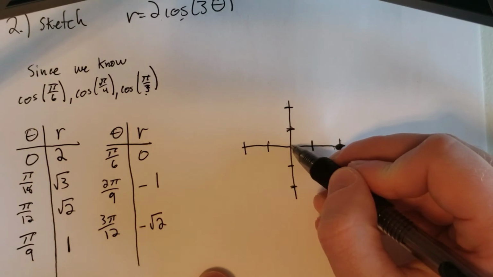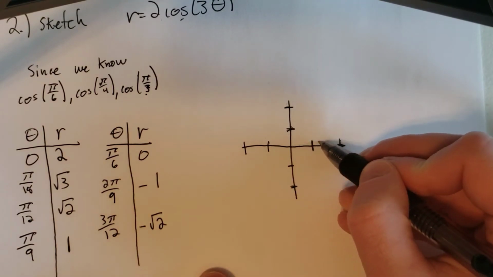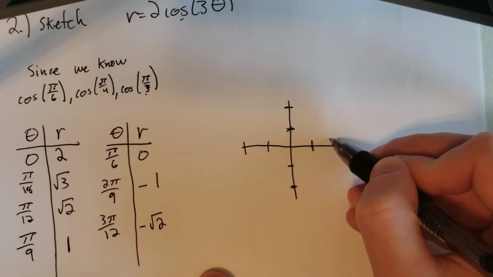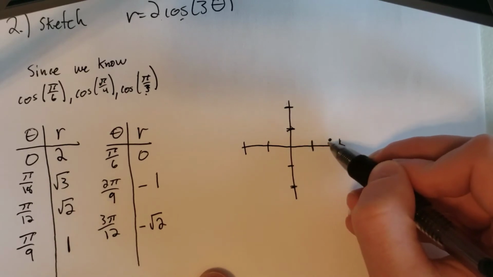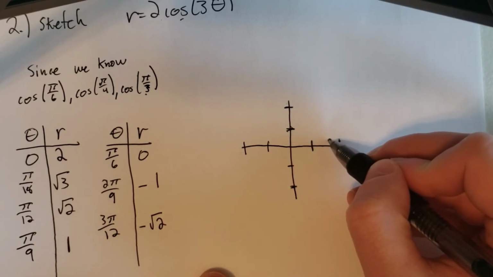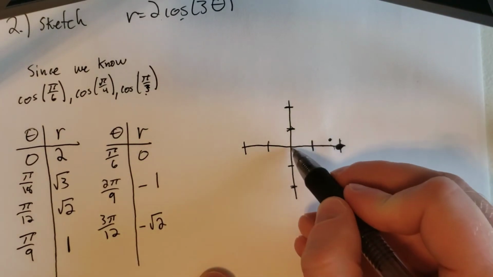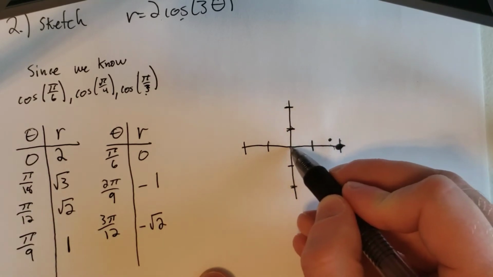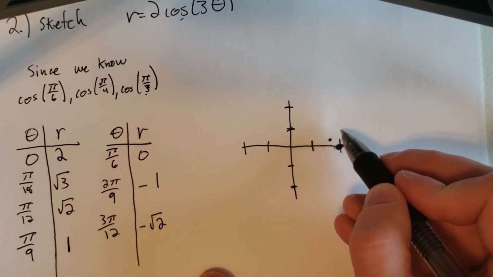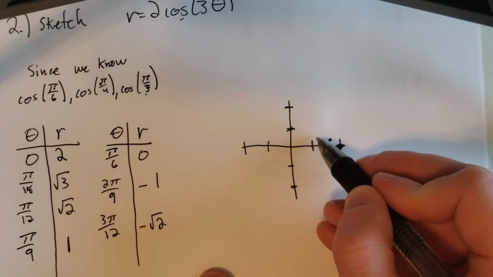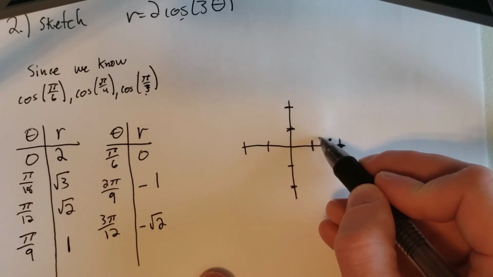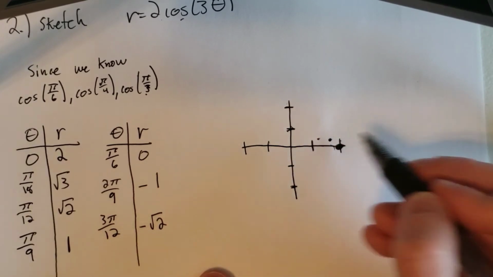So we go pi over 18. We go about 1.7. Pi over 18 is pretty close to the direction of the x-axis. All right, next we have pi over 12. Again, not a steep angle here. And we get root 2, which is approximately 1.4. So it's about here.